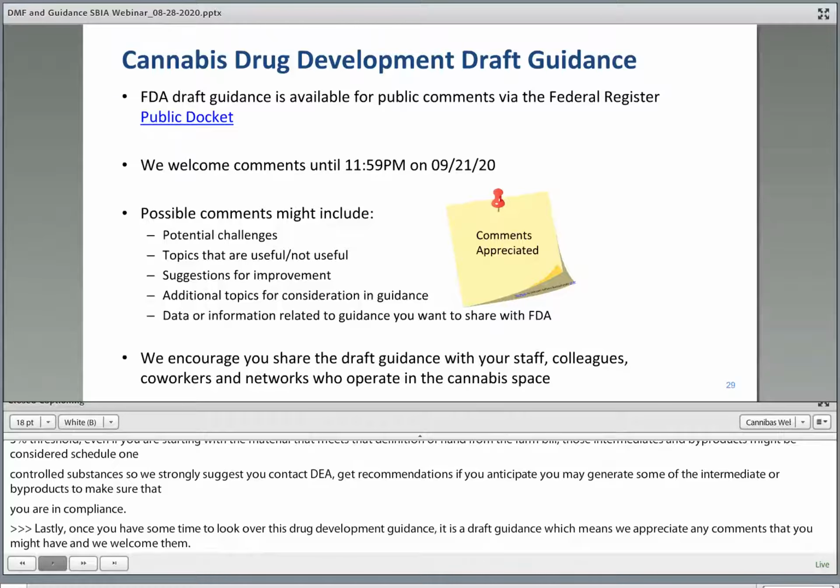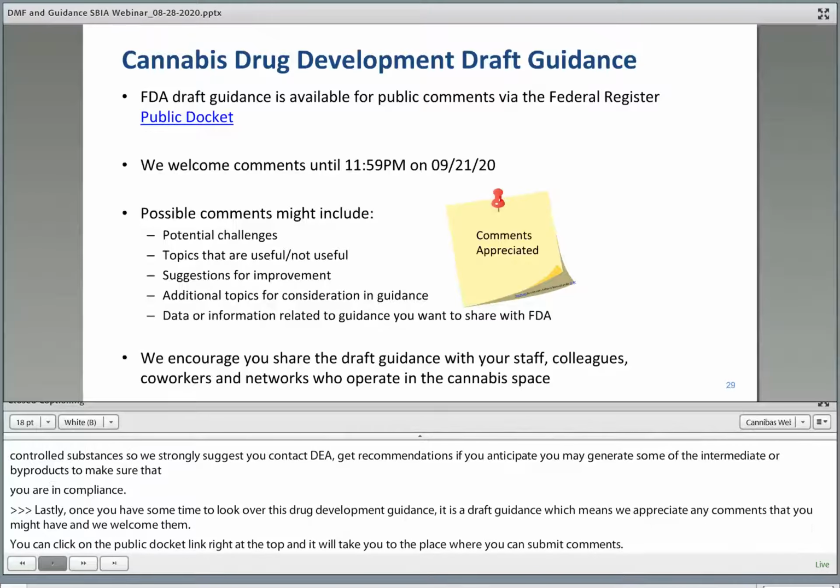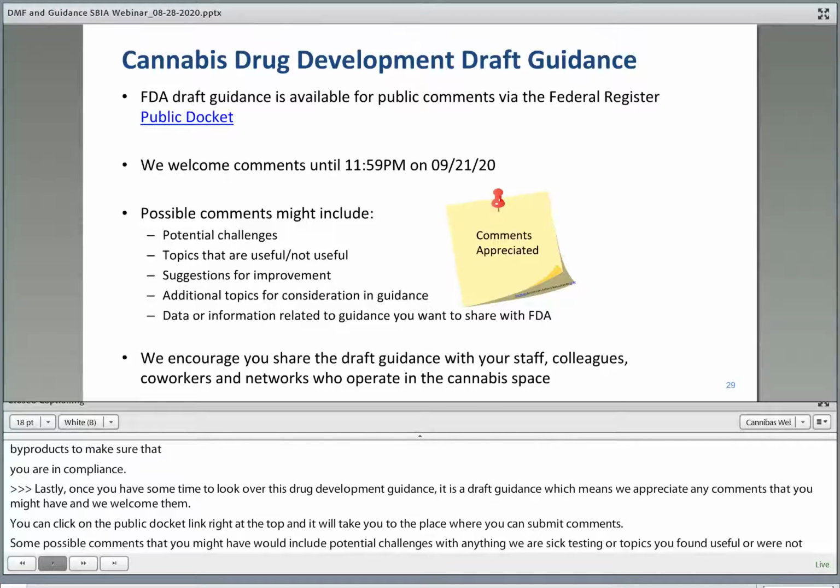Some possible comments that you might have would include potential challenges with anything that we're suggesting, or topics you found useful or that were not useful, suggestions for improvement, any additional topics for consideration, and also if you have any sort of data or information that are related to the guidance that you'd like to share with us, we appreciate you providing those comments to the docket.